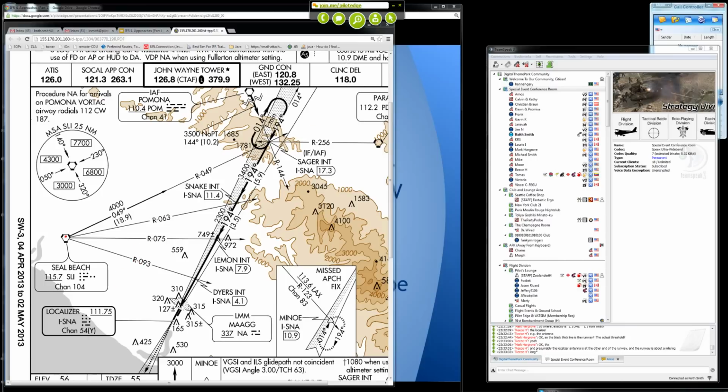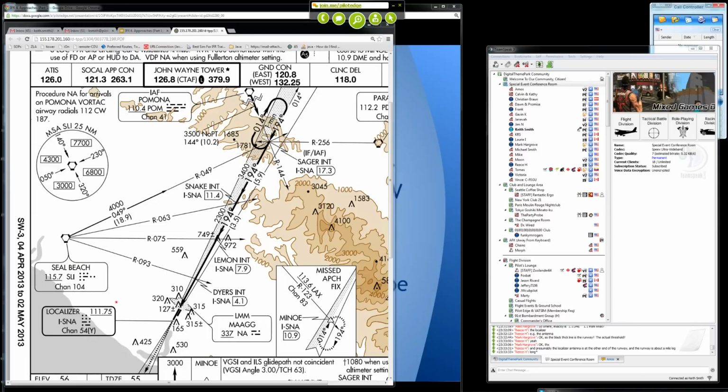So let's assume we were over here somewhere, just for clarity. At this point, we're being given headings like a 010 heading, and this is just one way you might be vectored for the approach. 010 heading, let's assume it's very windy because moving this mouse is pretty tricky.